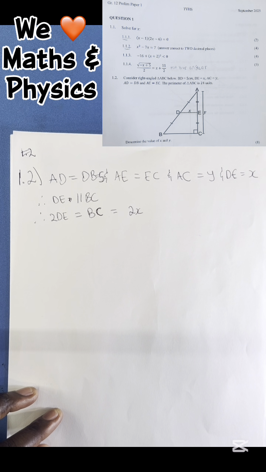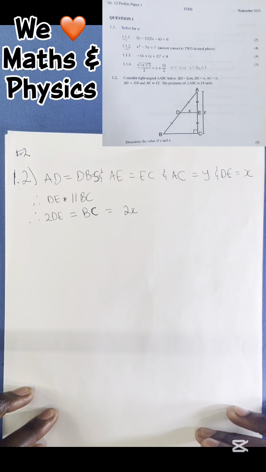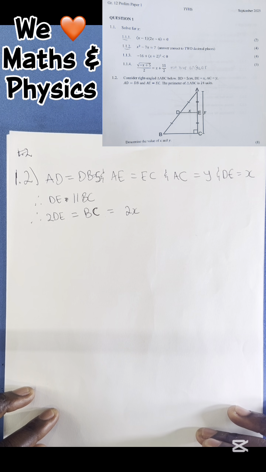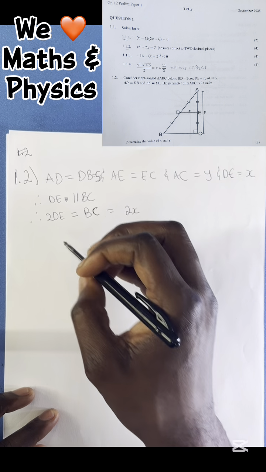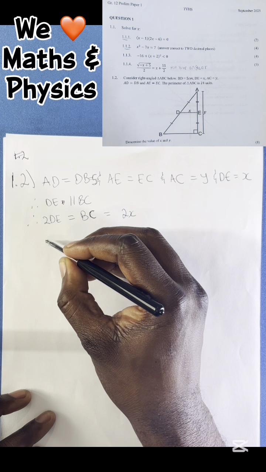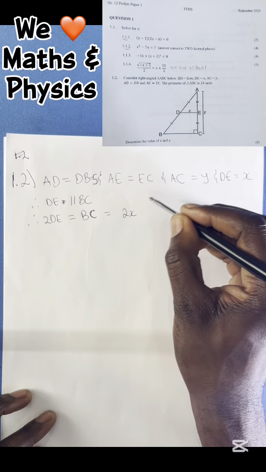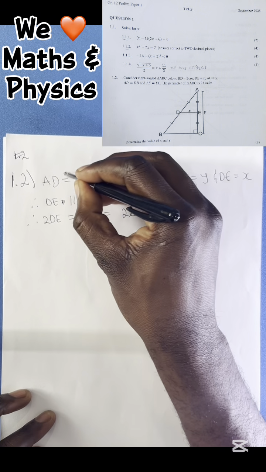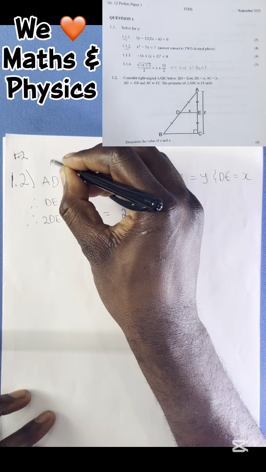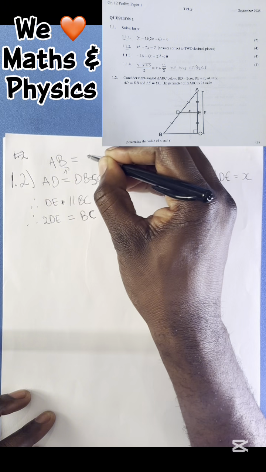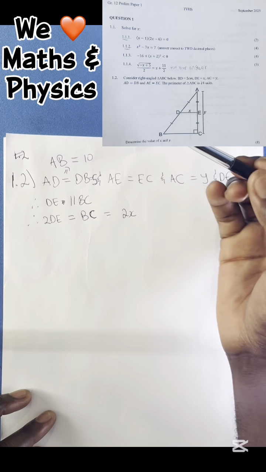Now let's look at the rest of the information that we've been given. They said the perimeter, being the distance around the shape, is equal to 24. So we'll have to set up a simultaneous equation because they want us to find the value of x and y. We know that AB is equal to 10, because AD is 5 and BD is 5.